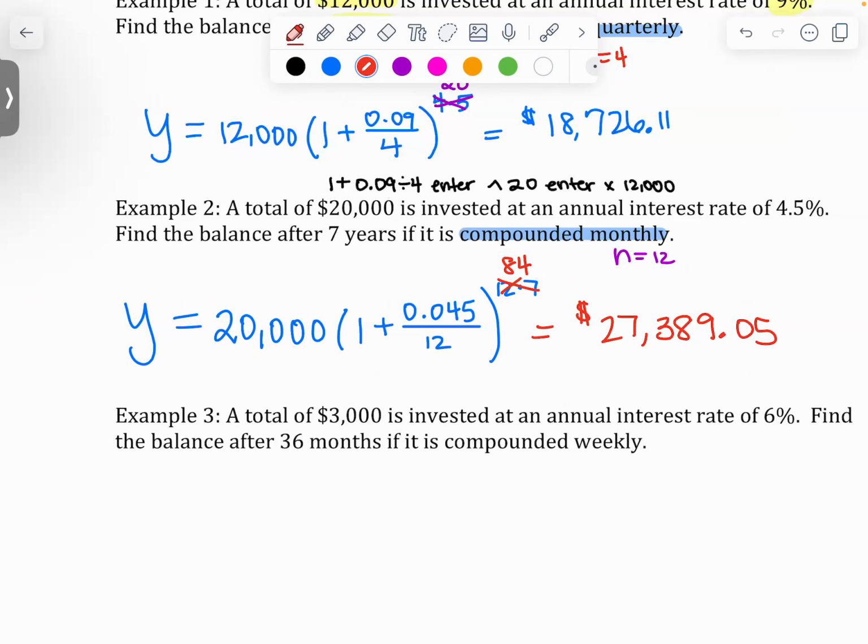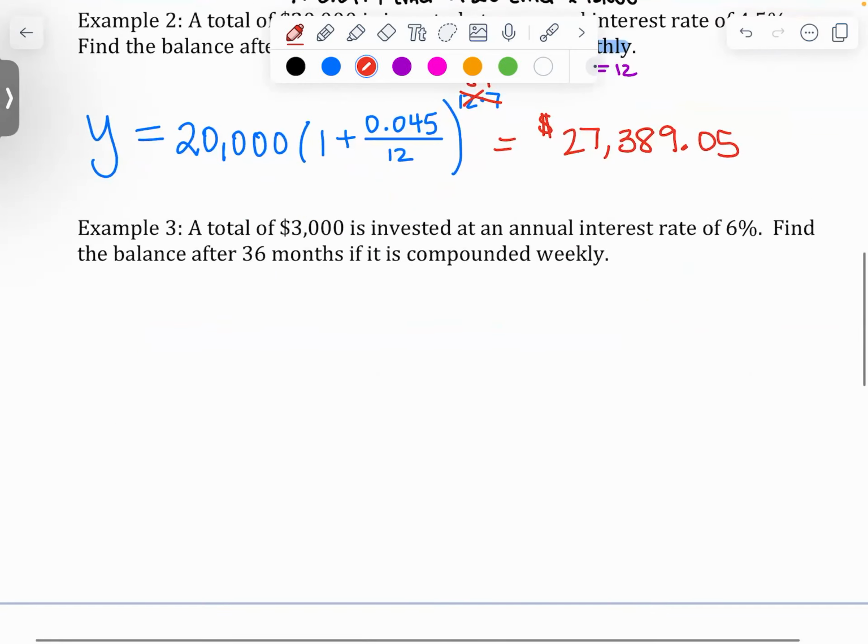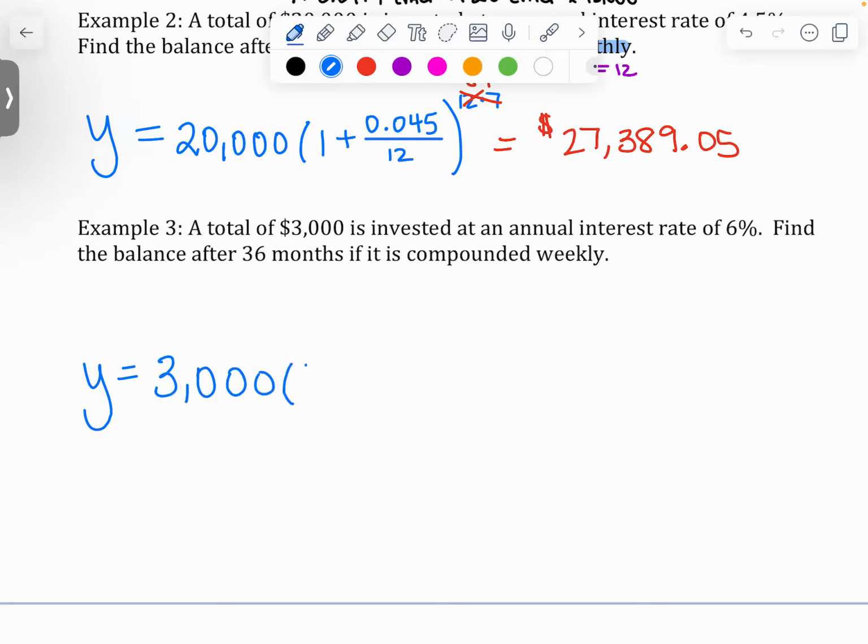All right, let's go down to example 3. What's our P value? What's R? 0.06.